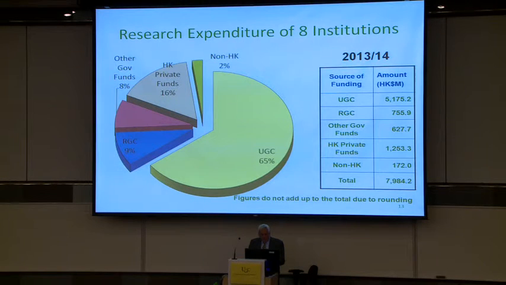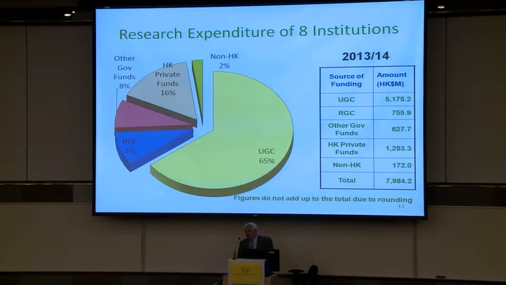The other portions there are some 16% comes from private funds, and other government funds break up in the red portion there, 8%. The RGC in the blue portion there represents only 9%, because that is the portion that comes through the grants.